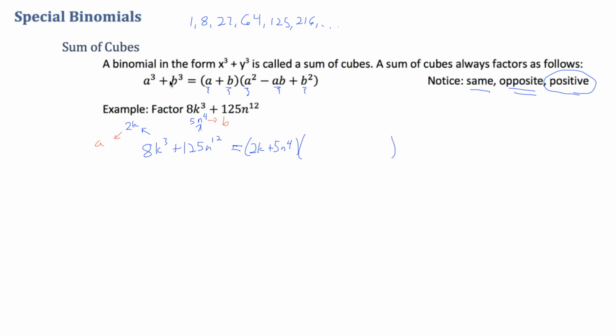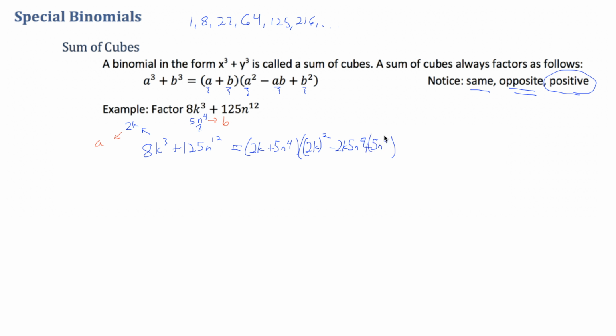So same as this, positive, opposite of this, so I'm going to have a negative here, and then my last sign is going to be positive. Here we put a squared. A is 2k, so we put 2k, and we're going to square that. In the middle, it's a times b, so 2k times 5n to the 4th. And then in the last term, it's going to be b squared, which is 5n to the 4th.